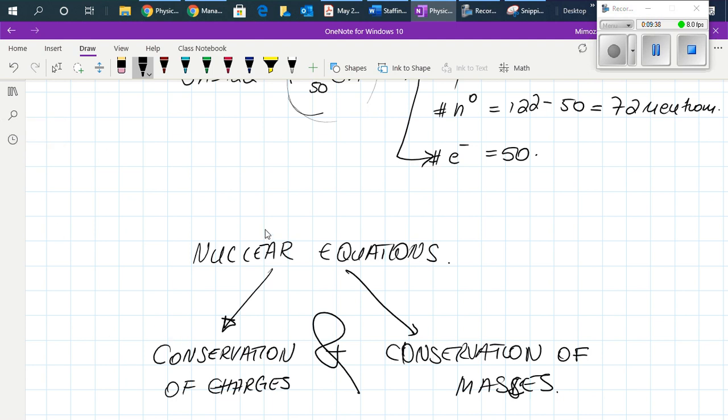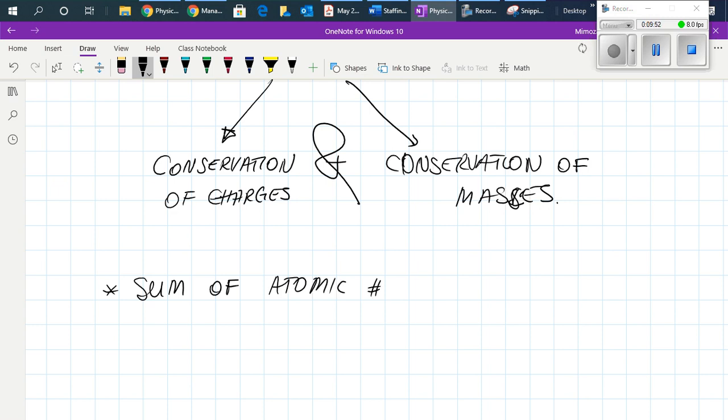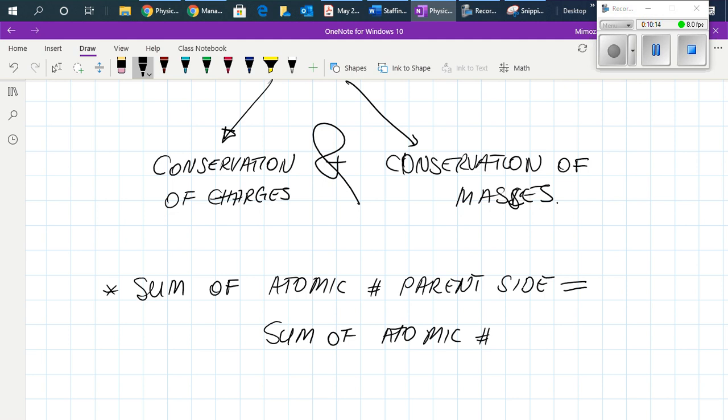In other words, what we are saying here is that the sum of atomic number on the parent side of the equation is equal to the sum of atomic number on the daughter side of the equation.